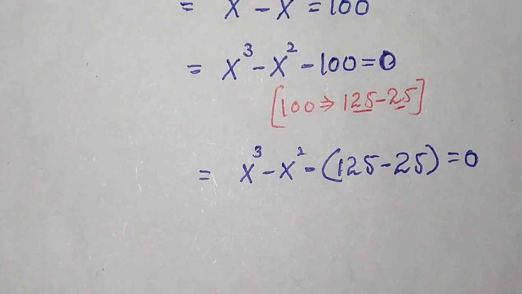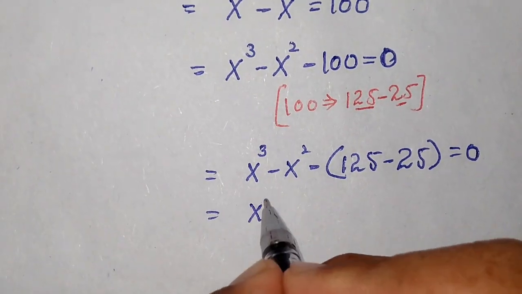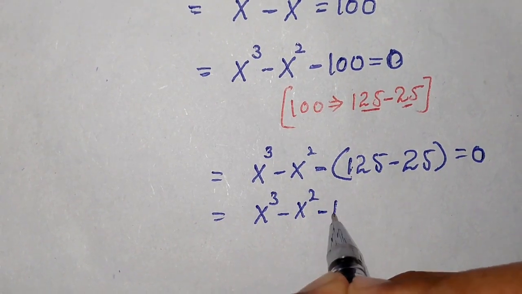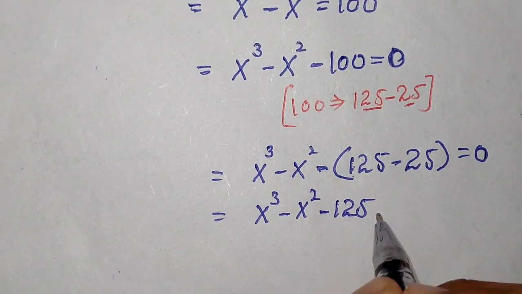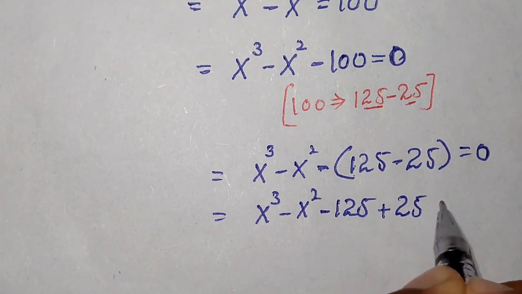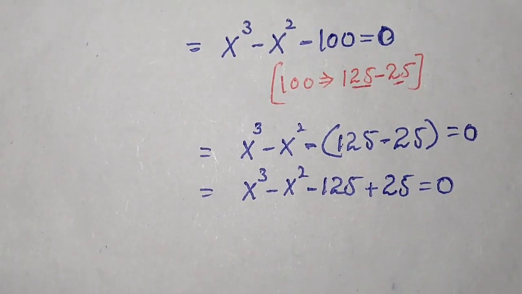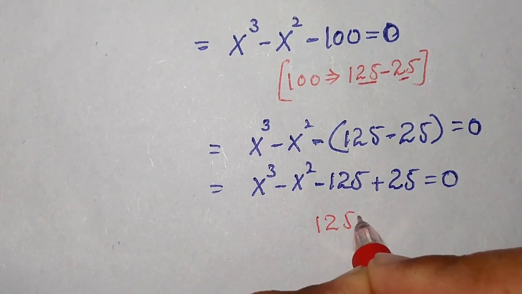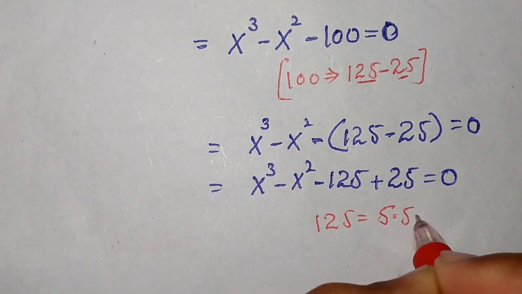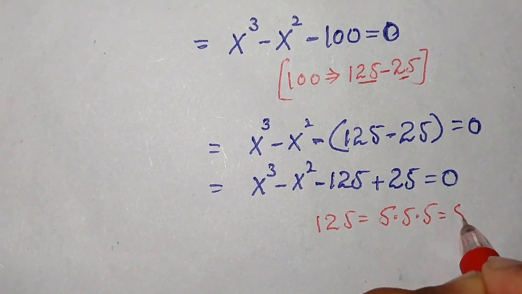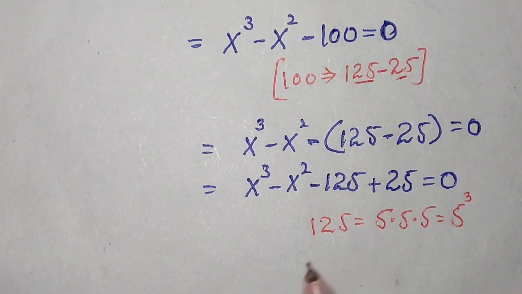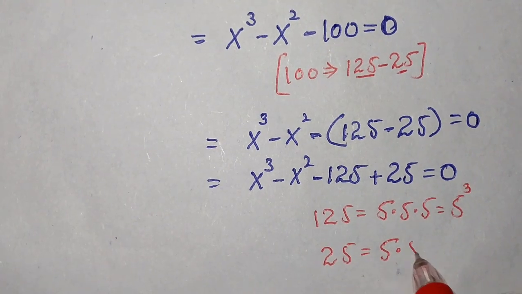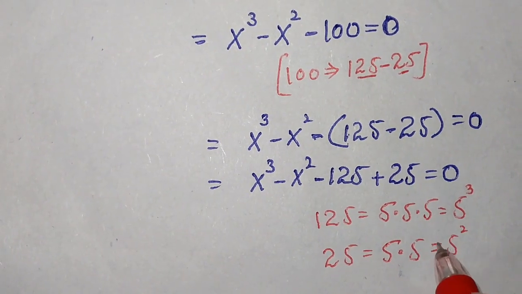Now in the next step, x cube minus x square minus 125, this will become minus 125, and minus times minus is equal to plus 25, and this is equal to 0. Now again we know that this 125 is equal to 5 times 5 times 5, which is equal to 5 cube, and 25 is equal to 5 times 5, which is equal to 5 square.